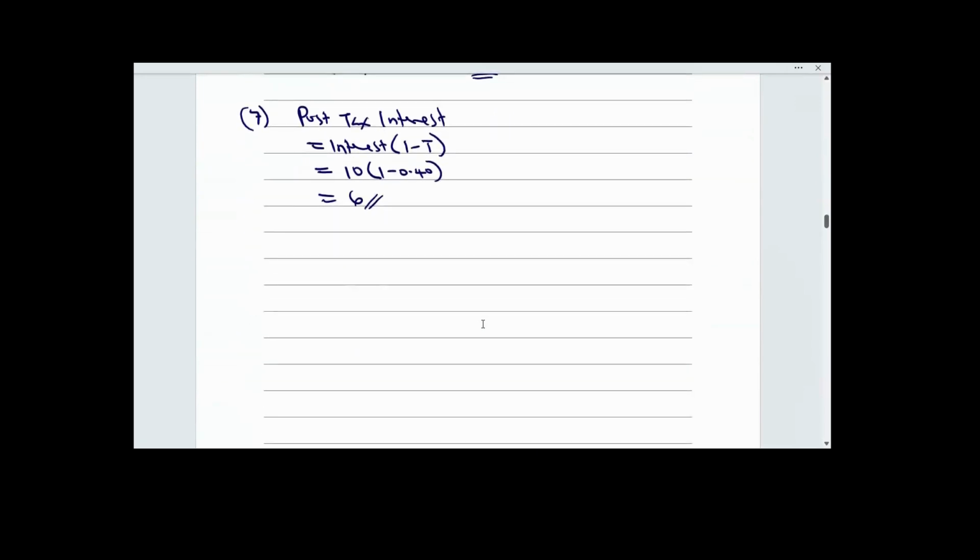Working number 8. Annuity factor, AF. And you know that annuity factor is calculated as 1 minus (1 plus R) raised to power minus N, all divided by R. Of course, R is the discount rate, N is the number of years.